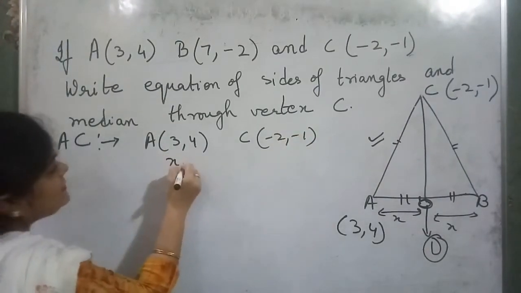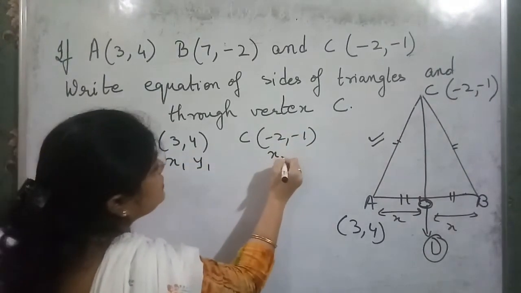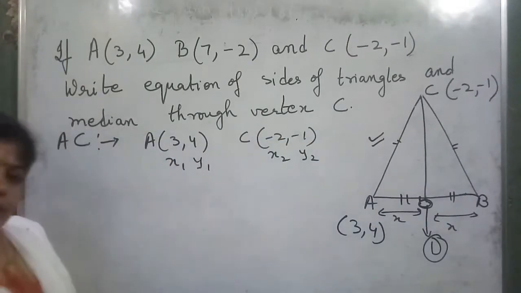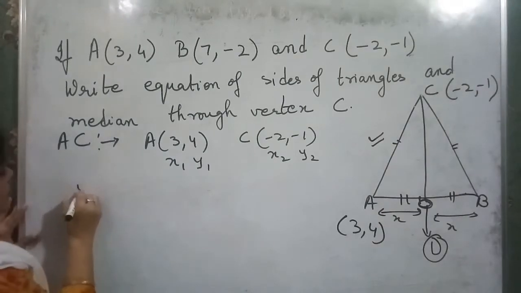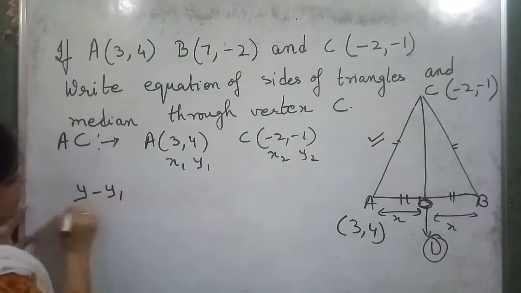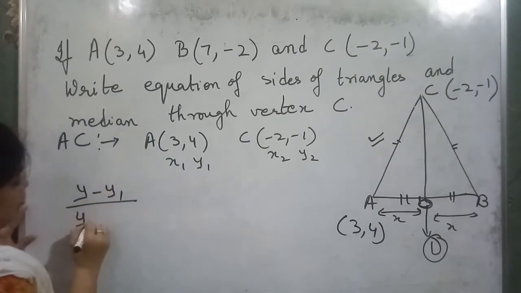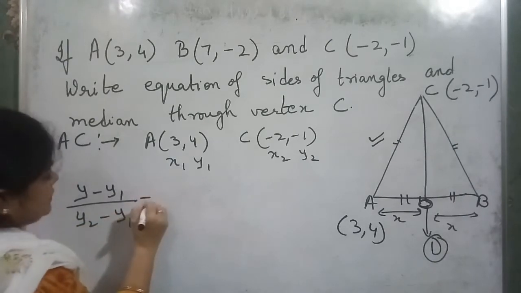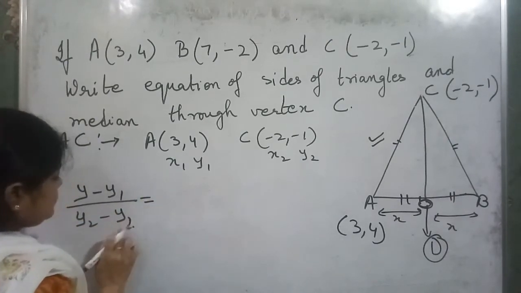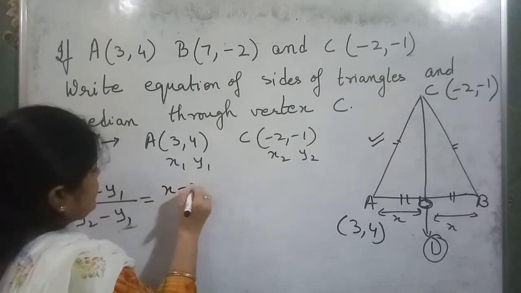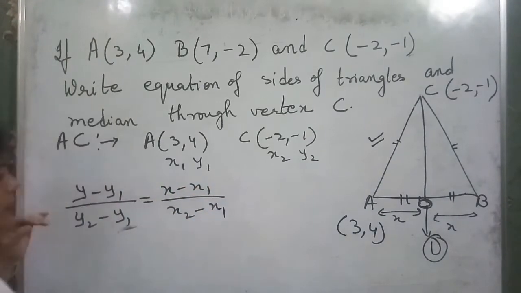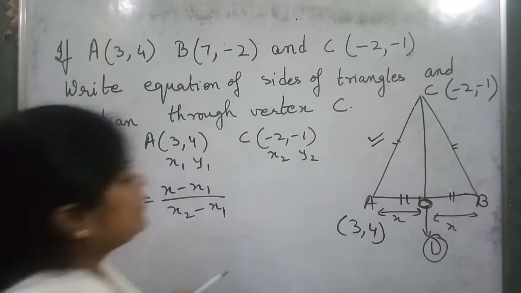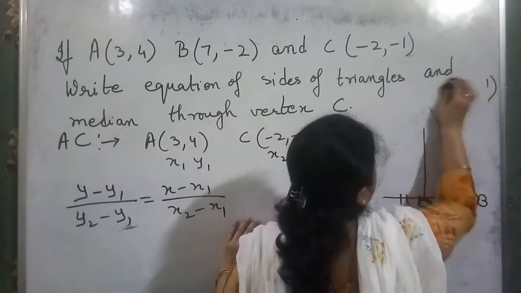I will take it as x1, y1. This is x2 and y2. Now we substitute these values in our formula, that is (y minus y1) over (y2 minus y1) equals (x minus x1) over (x2 minus x1).